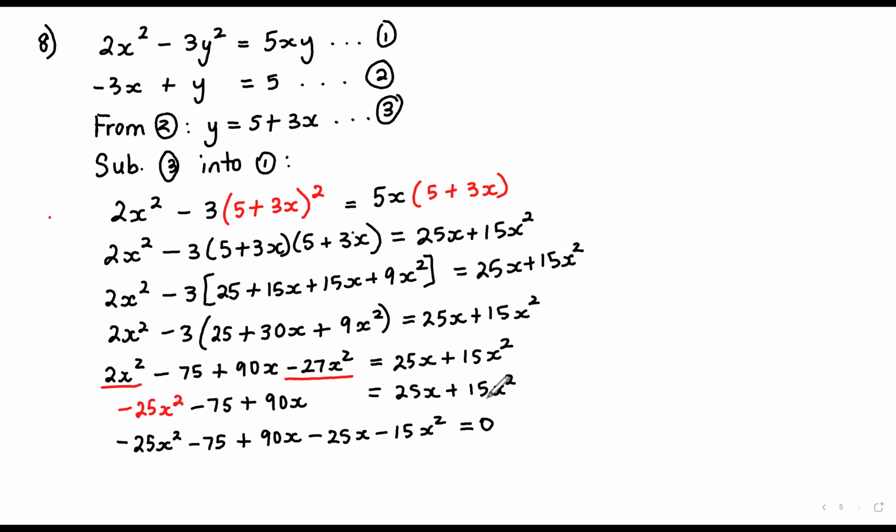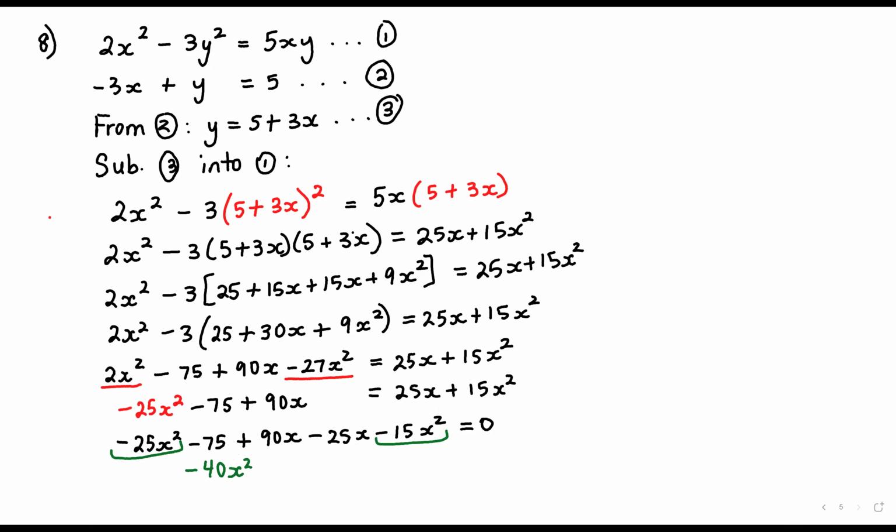So minus 25x squared minus 15x squared will give you minus 40x squared.